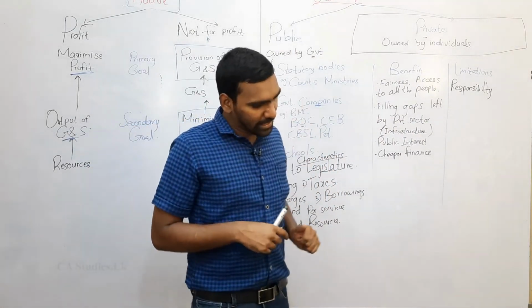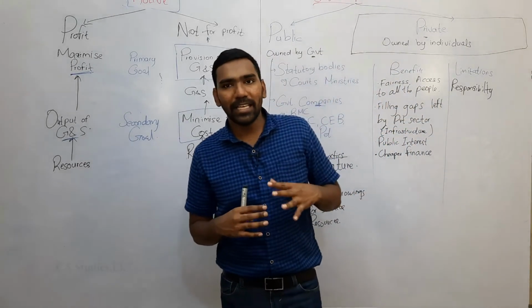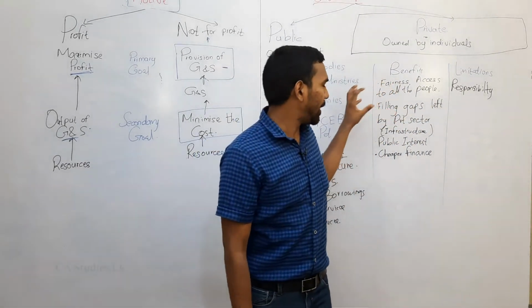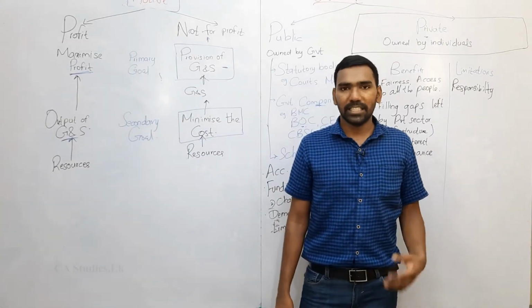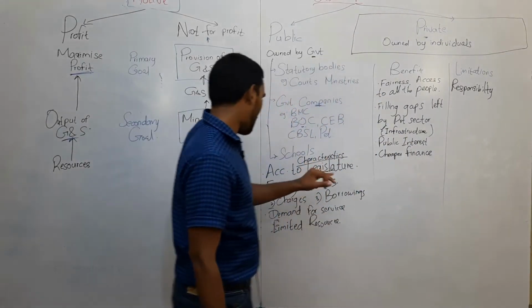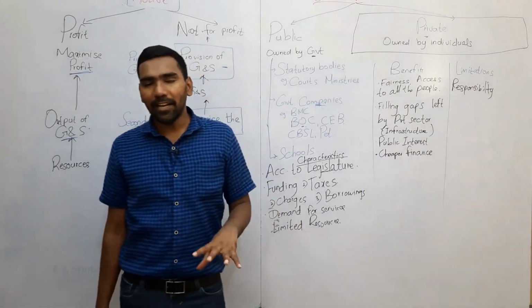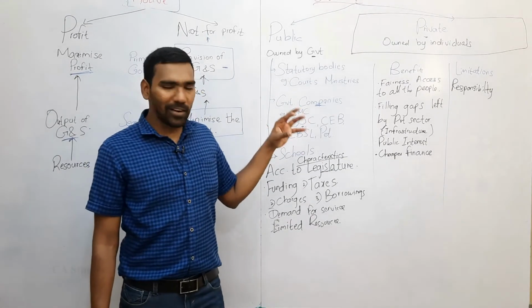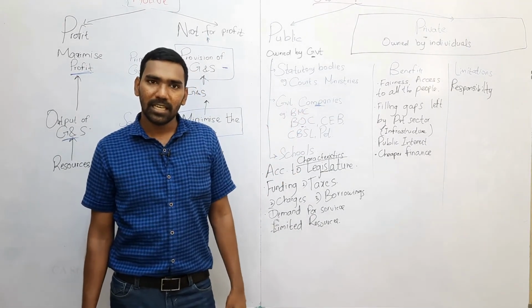So responsibility is where the management of an organization is using the funds of the public, which is collected from tax or fines or borrowings from the country. When they are using that fund, they have to be accountable or responsible for how they use the money, right?